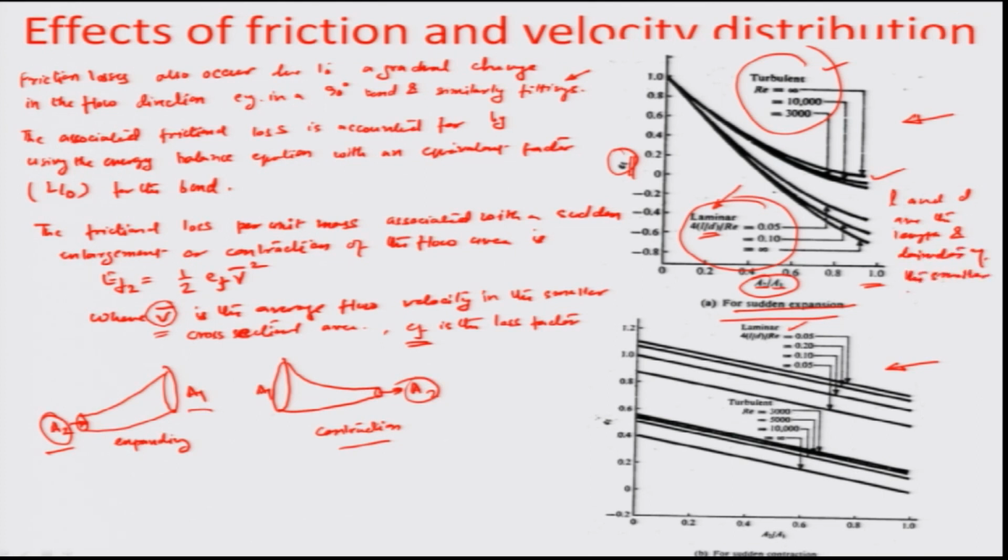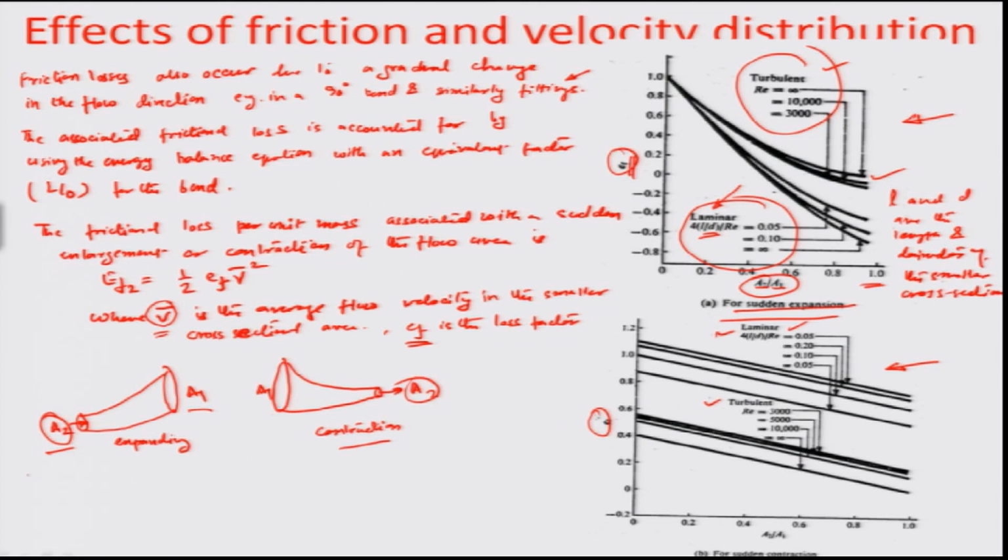That is how the data has been recorded, and these are empirical data recorded by looking at the energy balance across such expanding or contracting fluid channels. For the sudden contraction case, again the same is recorded as laminar and turbulent, and this EF is the loss factor that comes because of the bend or the change in the cross section.